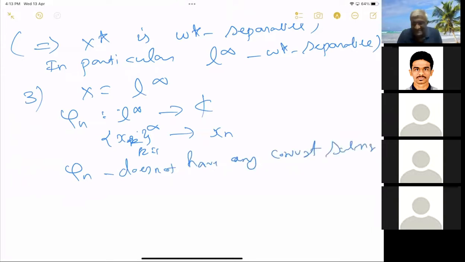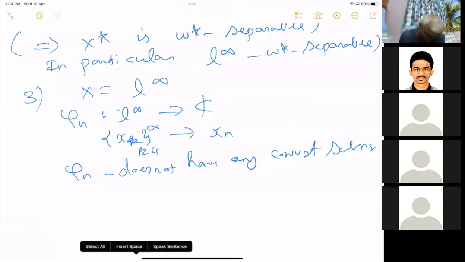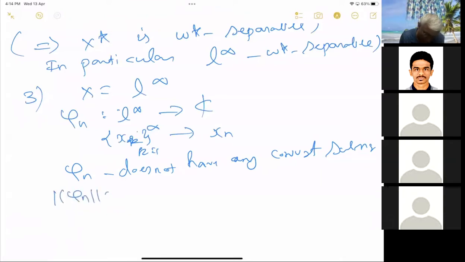Just verify this. It's an easy, direct verification. Is my handwriting okay? I'm somehow still not able to write well on the iPad. My handwriting is always very bad, but when I write on the iPad, it's very, very bad. So phi n does not have any convergent subsequence. You can see that the norm of phi n equals 1.